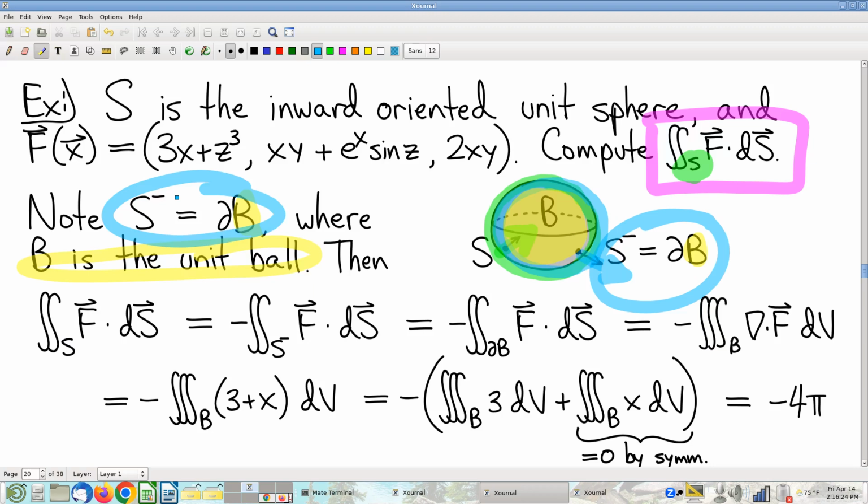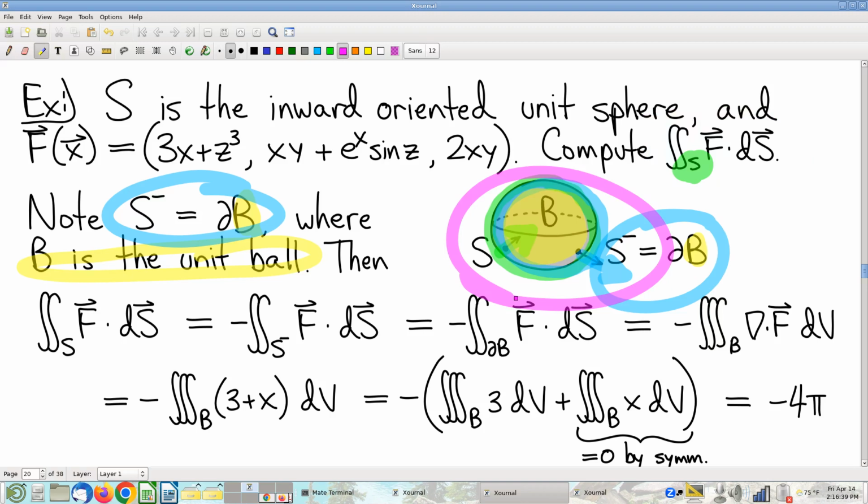Okay, so fine. I was asked to compute the green flux, but now I'm talking about the blue flux, and am I allowed to just change the question like that? Well, no, of course not. But what I can do is observe that S and S minus are the same underlying surface with opposite orientations, and so the flux through one is the negative of the flux through the other.